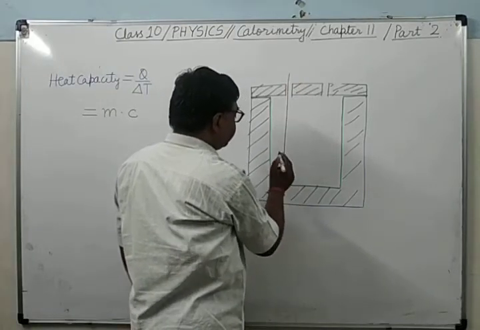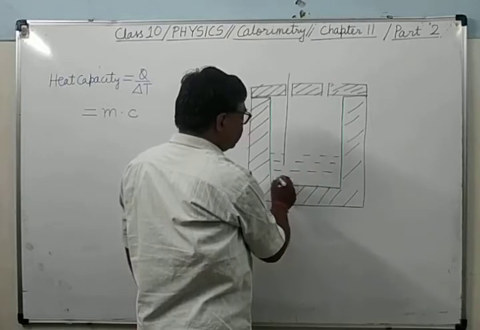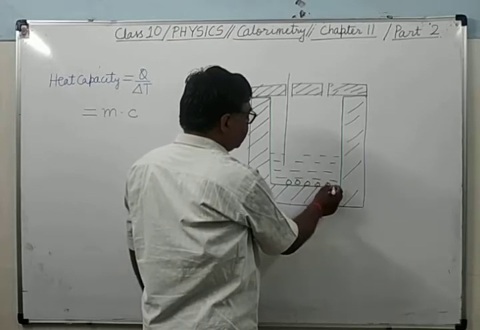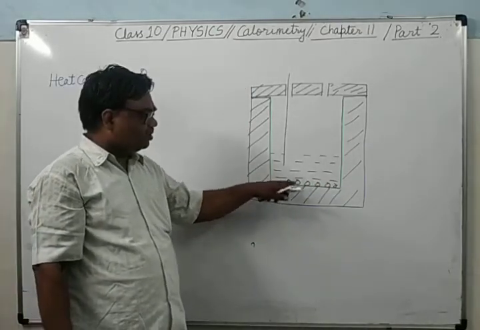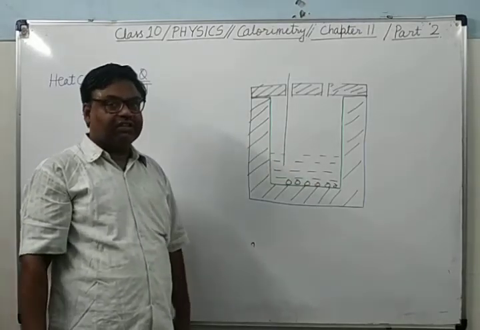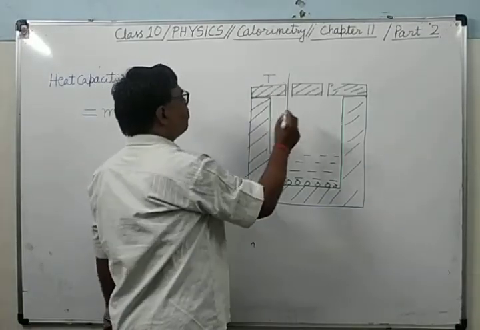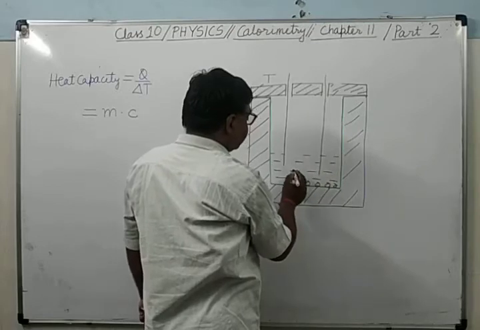Here there will be some content, some mixture, some liquid and some solids. Now see here, between this solid body and this liquid, there will be the exchange of heat energy. So it is the thermometer which records the temperature.